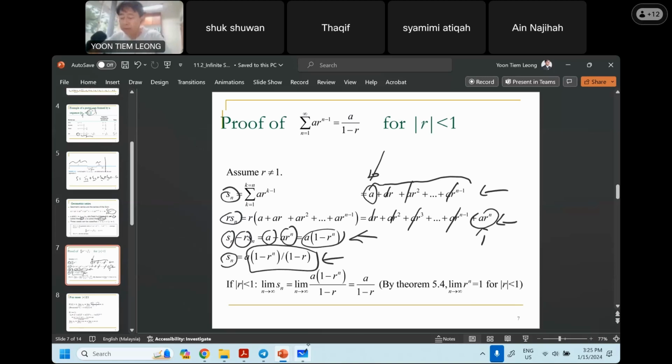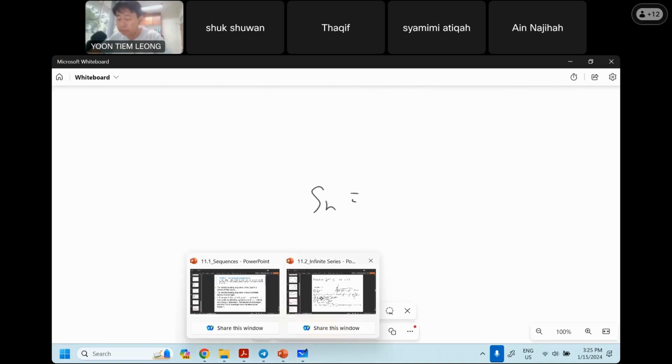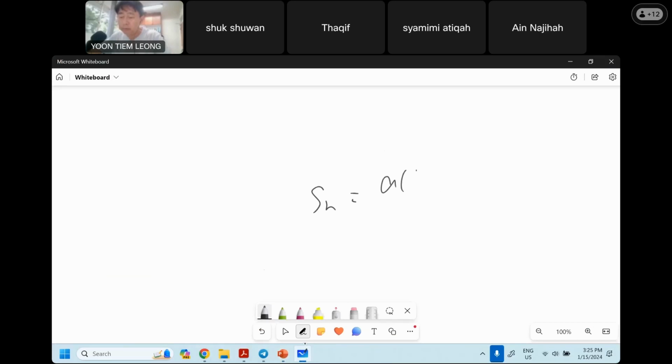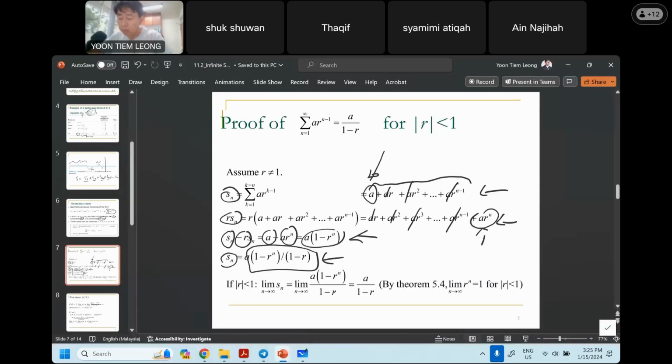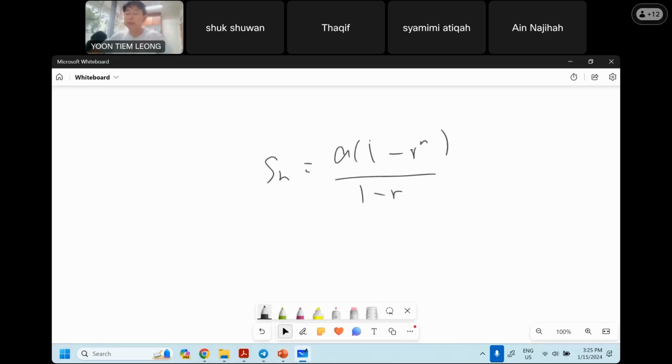So now we have Sn, which is taken to be a times 1 minus r^n over 1 minus r. So now this is a sequence.